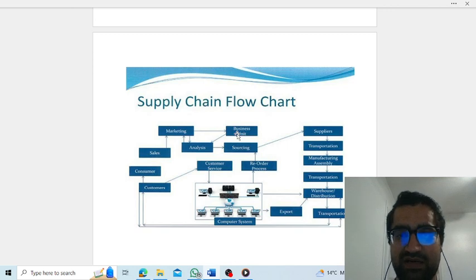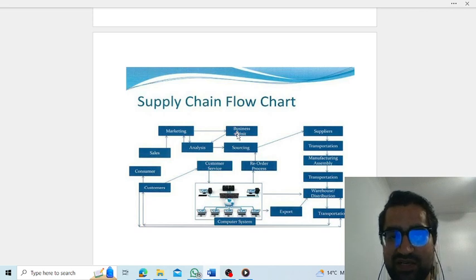They always have the cycle count, the cycle stock. So every product is received at specific intervals, every 15 days or 30 days, in a specific quantity and at a specific time. That is the cycle time. Then the reorder process starts from suppliers, and again the same cycle runs. So this is the supply chain flow chart.